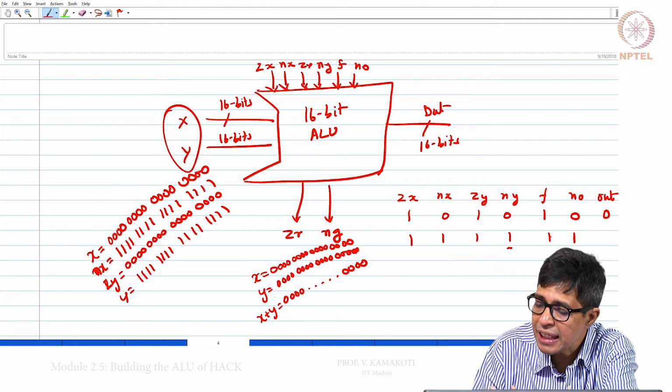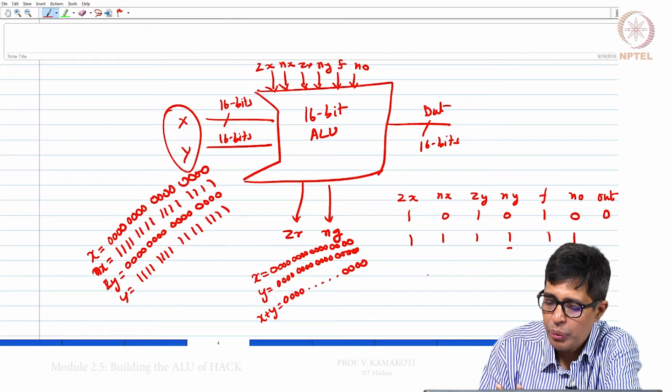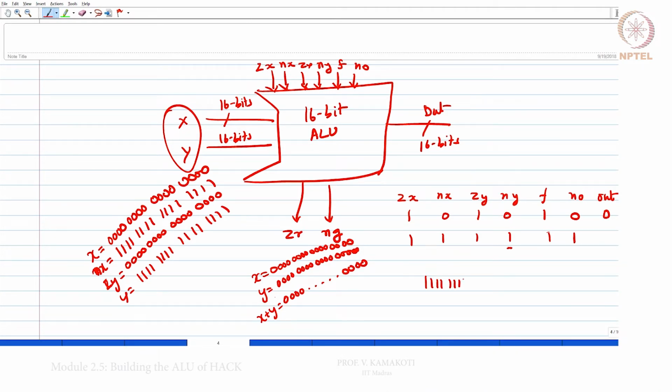Since F is 1, I add 1 1 1 1 1 1 1 1 1 1 1 1 1 1 1 1 with the same number. 1 plus 1 is 0, with a carry of 1; 1 plus 1 plus 1 is 1, again with a carry.